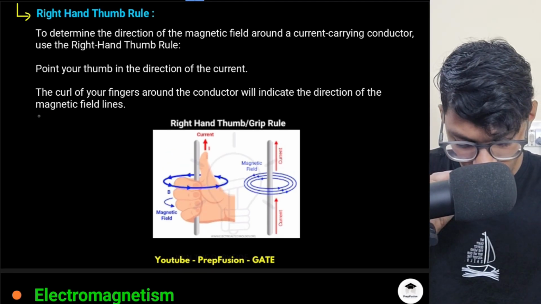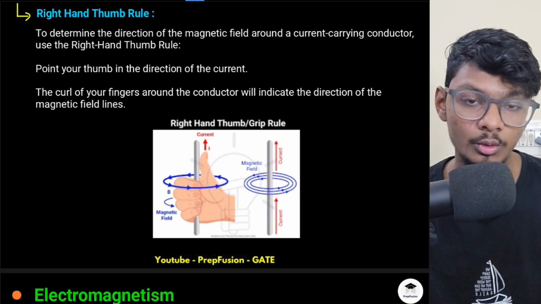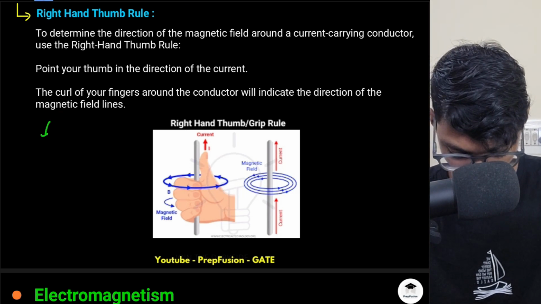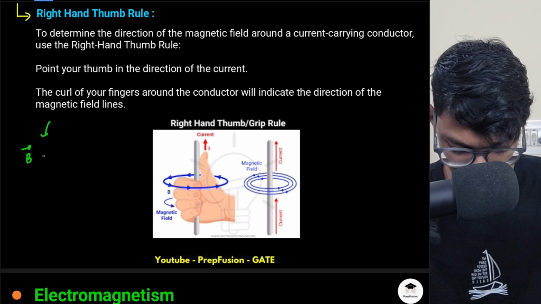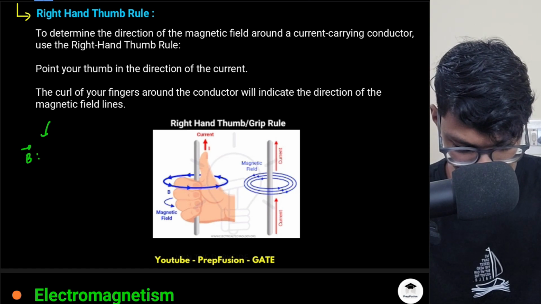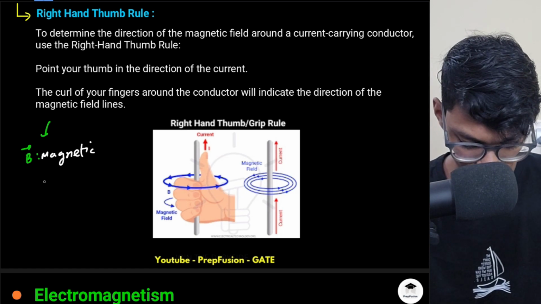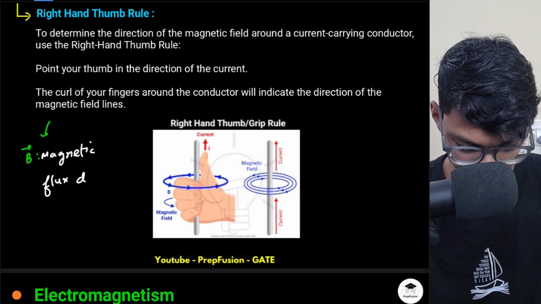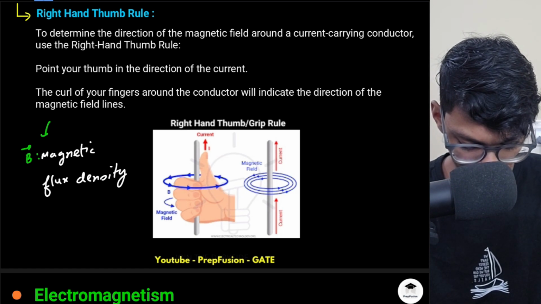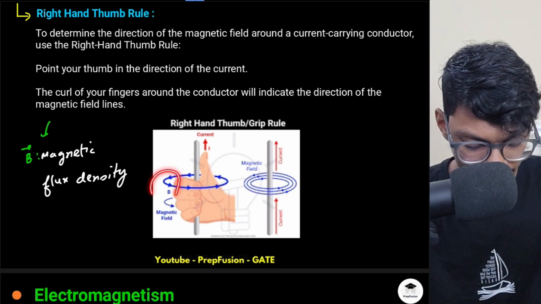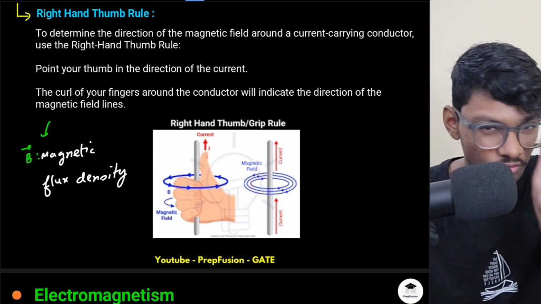How do you define magnetic field lines? We define them by the magnetic flux density, B. What do I mean by magnetic flux density? Magnetic flux density basically means the concentration of magnetic field lines within a particular area or small region.